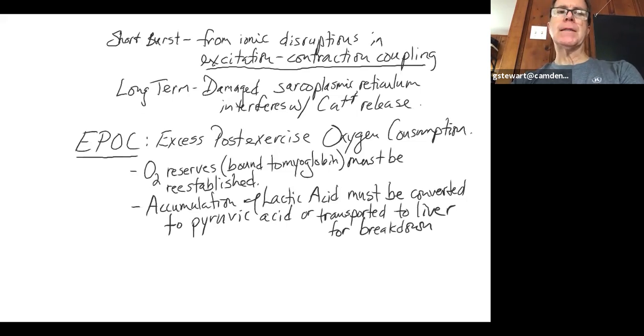And what that means is that breakdown process, what the liver can do is it basically goes in reverse. The liver has the ability to convert pyruvate back to glucose and or store that glucose as glycogen. So also, we just kind of said this, but the muscle's glycogen stores need to be replenished.